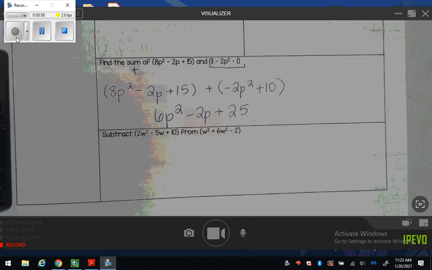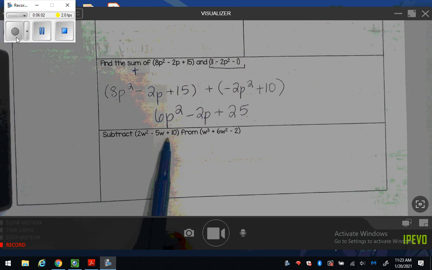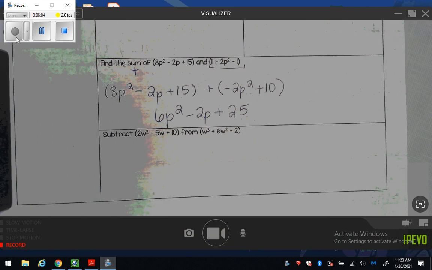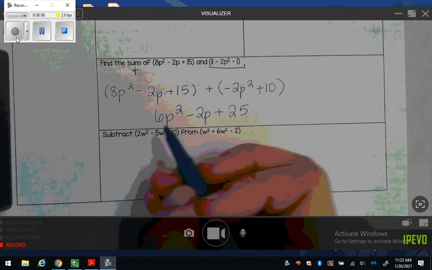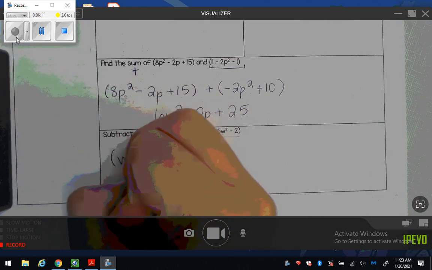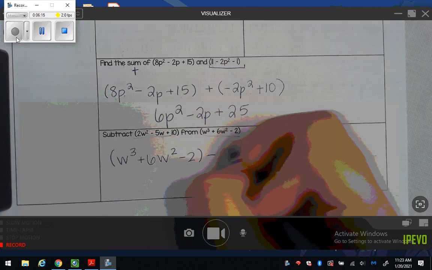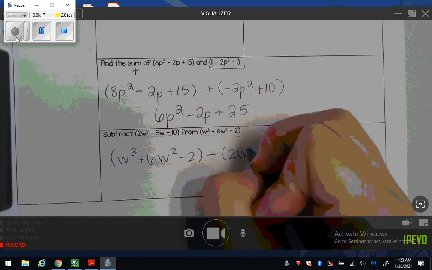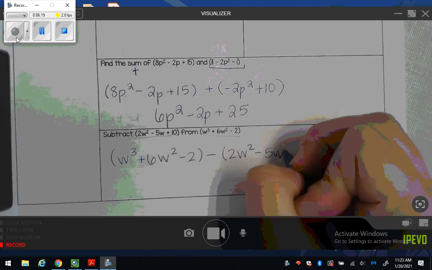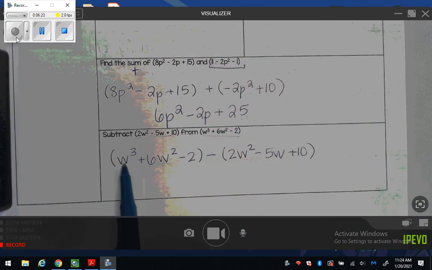Now this last one that says subtract 2w squared minus 5w plus 10 from w cubed plus 6w squared minus 2. So if I'm subtracting this from this, that means it's w cubed plus 6w squared minus 2 minus 2w squared minus 5w plus 10. Both in standard form. This largest is cubed.